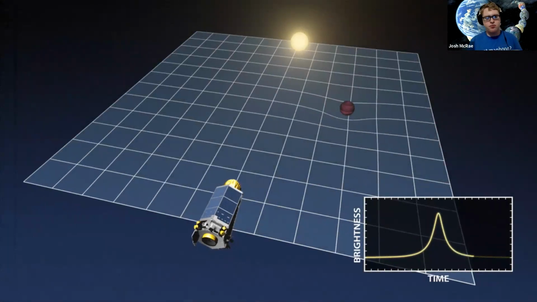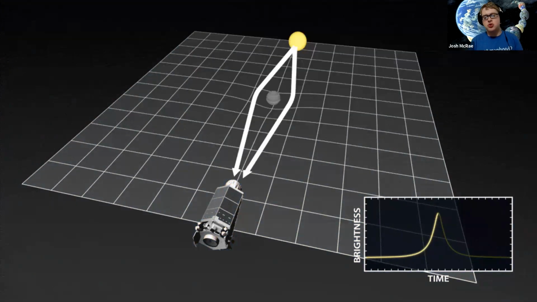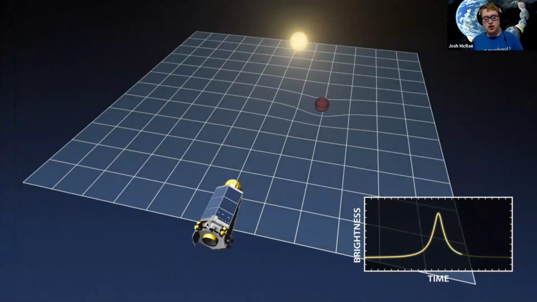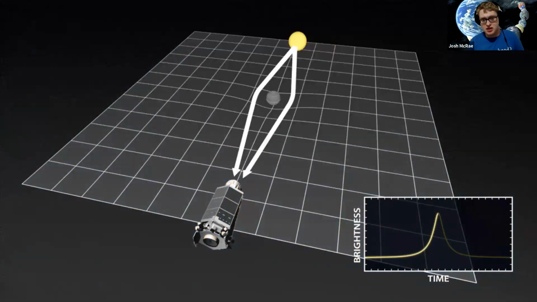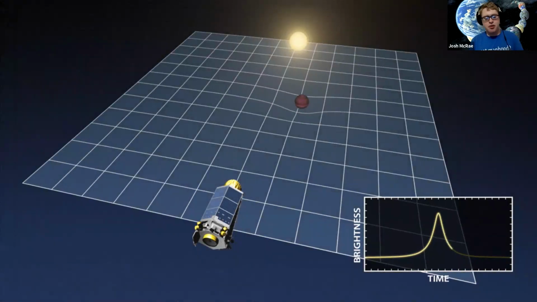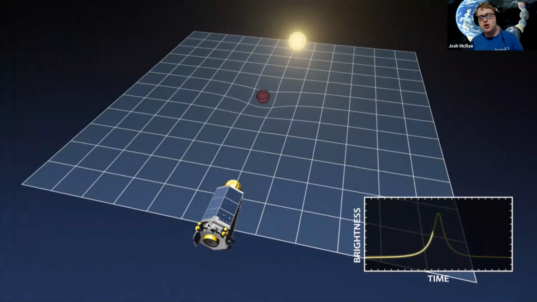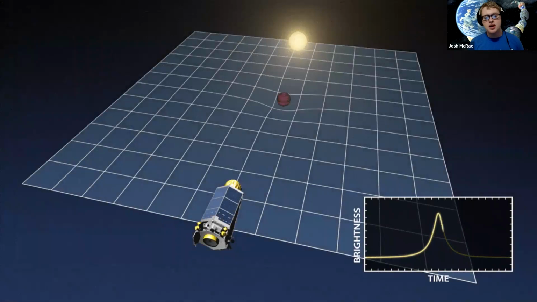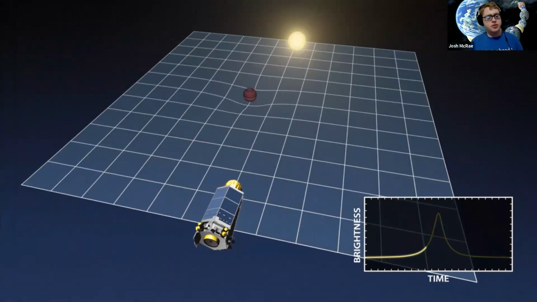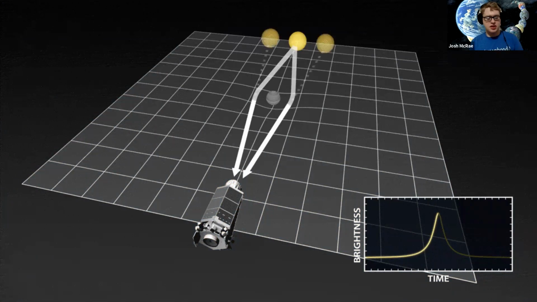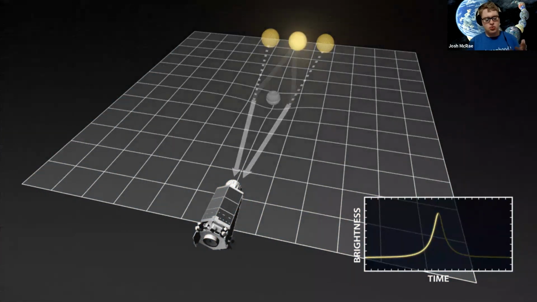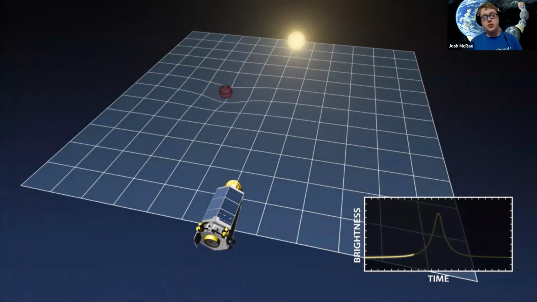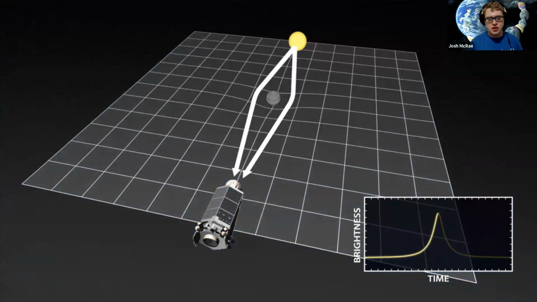Because that happens in both directions, when an object like a rogue planet passes in front of that star, we see an increase in the brightness. How much that brightness goes up is proportional to the mass of the object that's going in front of it. And so we're able to learn a few things about the object, and in this case the rogue planets. And once we know that they're there, we can start studying them even further.